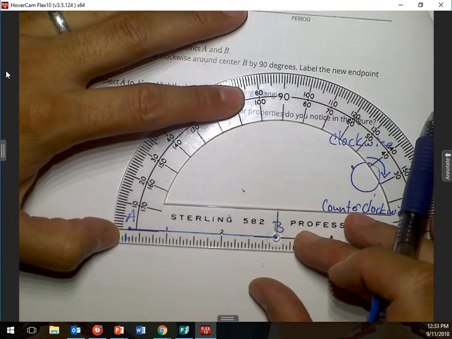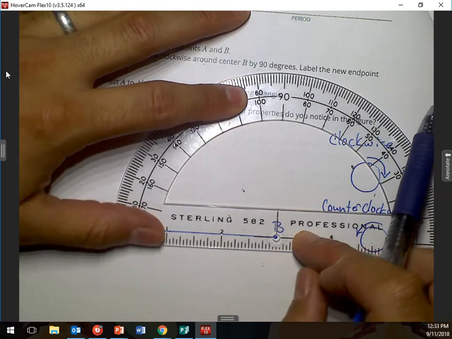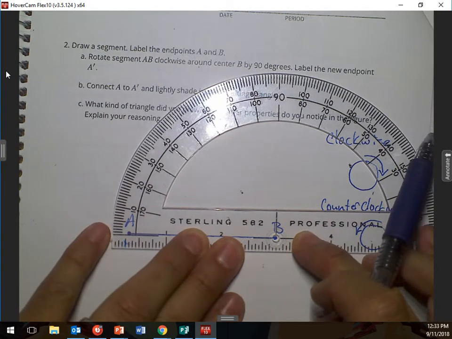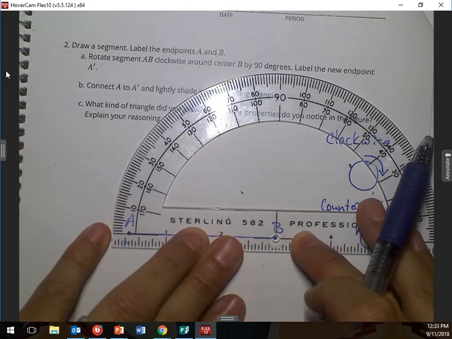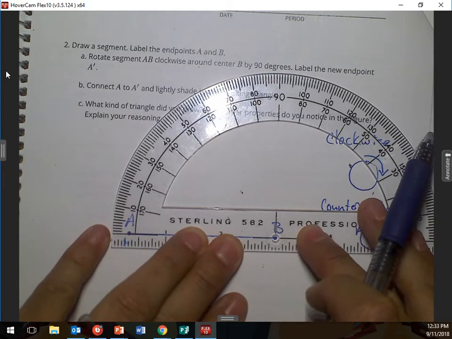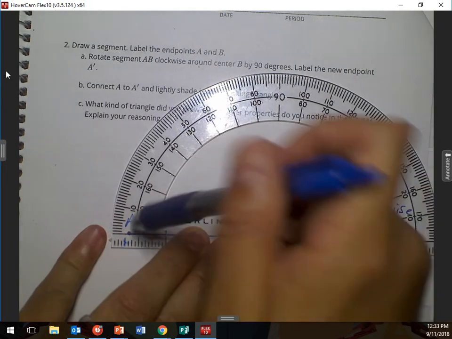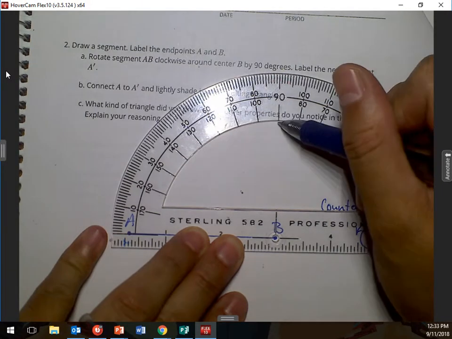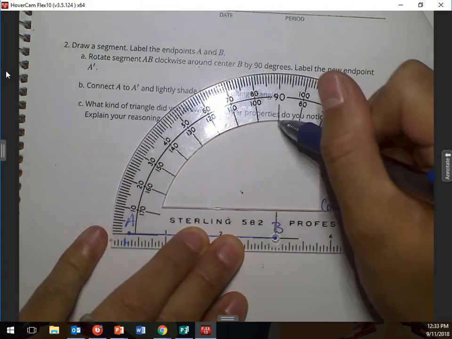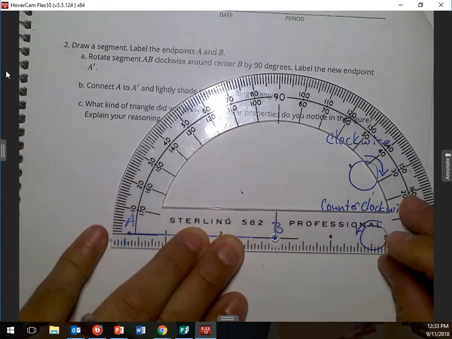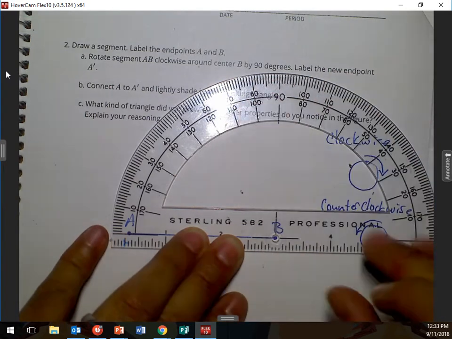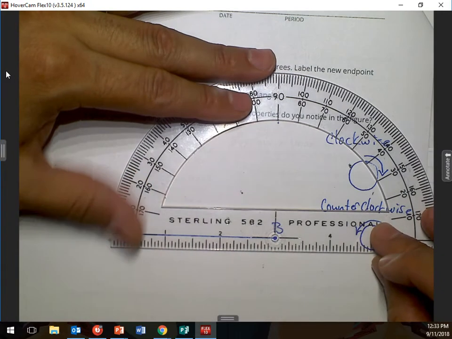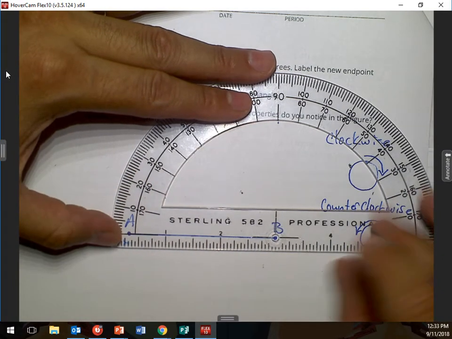If I go straight up, I have my line right here, so I'm going to rotate it, making sure it's on there. If you notice over here, it's lined up at 0, and then 90 would go this way, wouldn't it? It's going up this way. So if I'm rotating it this way, it's going to go right there.